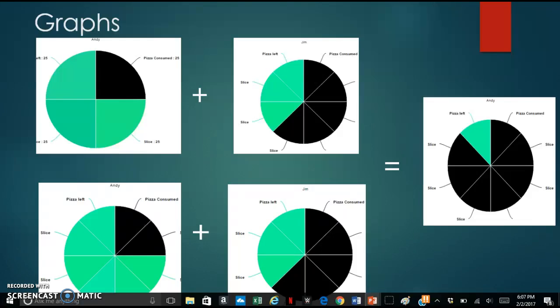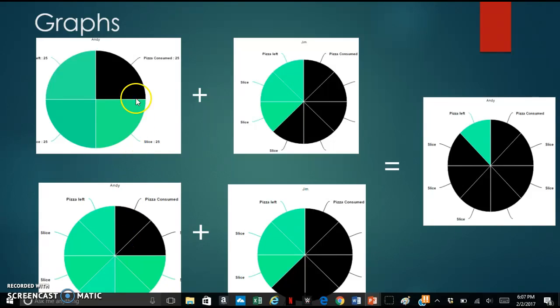So here I've got some graph manipulatives. This first graph is showing that Andy ate 1/4 of the pizza by himself, plus the 5/8 that Jim ate, which you can't really solve for the total for Gary because the denominators aren't equal. So down here I've got that Andy ate 2/8 of the pizza.